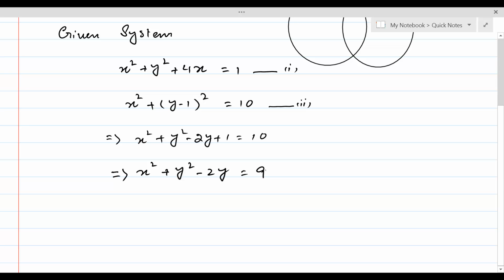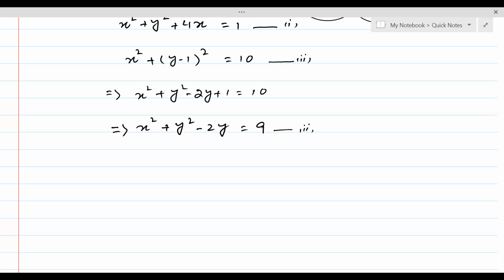So we can use this as equation number 2 instead of that one. So subtracting equation 2 from 1.